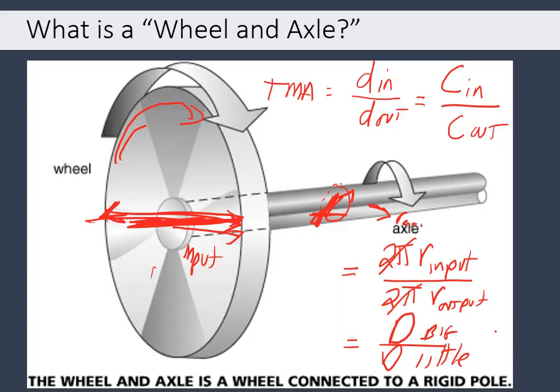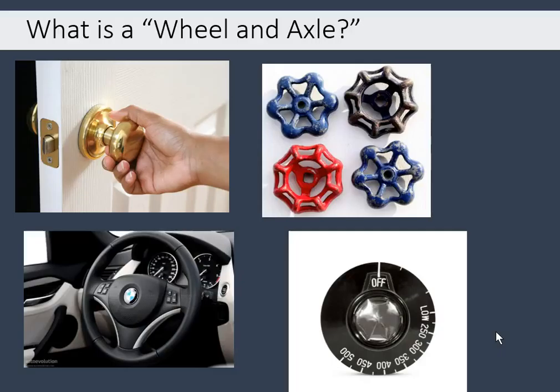Okay, let's look at some examples. They're all around us. If you've ever turned the knob on a door, if you've ever opened a door, you basically get a mechanical advantage. This is D input. Right in there is D output.